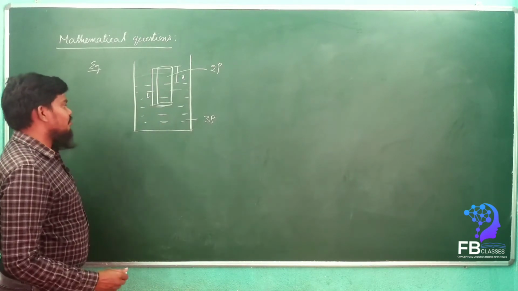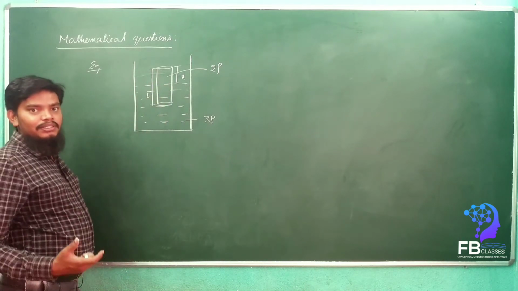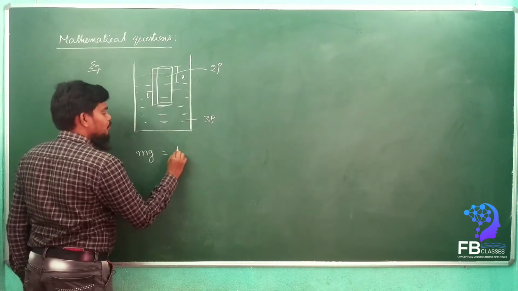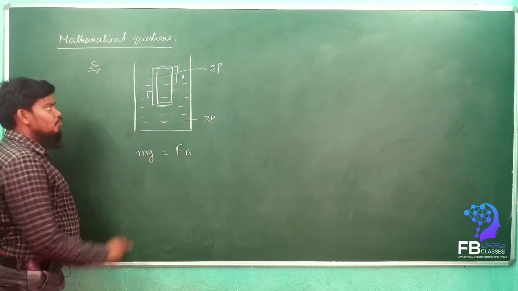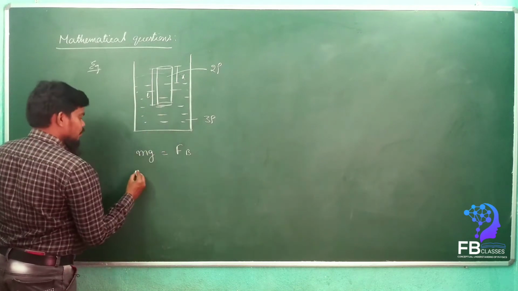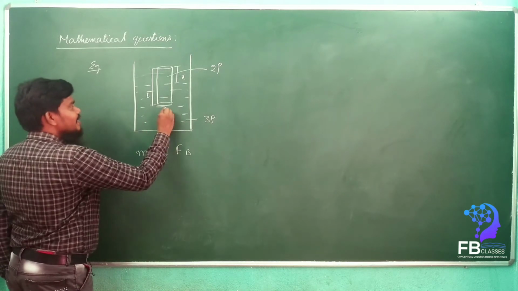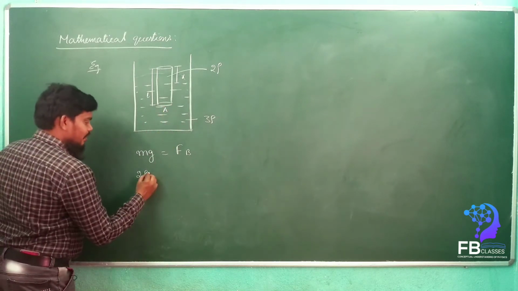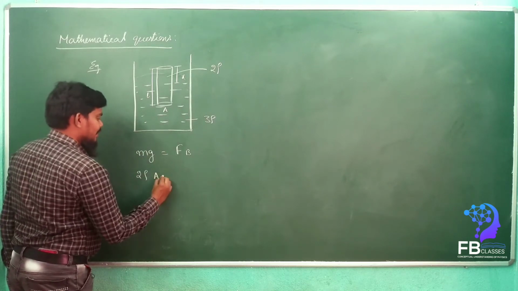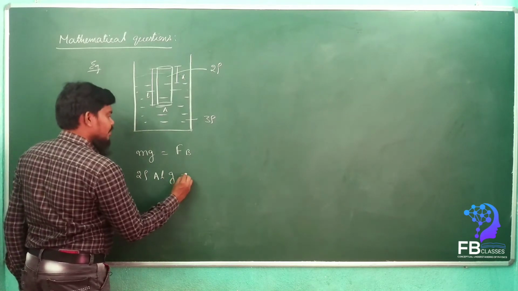It is very easy. We already said that this total cylinder is balanced by the buoyancy. Yes or no? That means mg is equal to FB. So mg is related to the cylinder: density 2 rho, volume is area times length, consider area A, so A times L, into g, that is equal to FB.